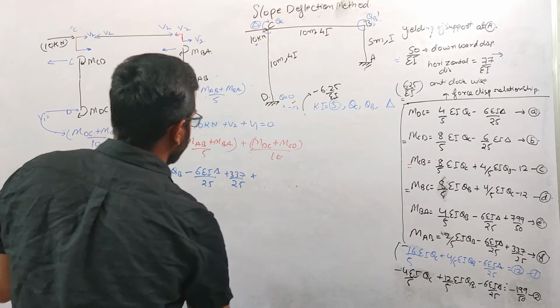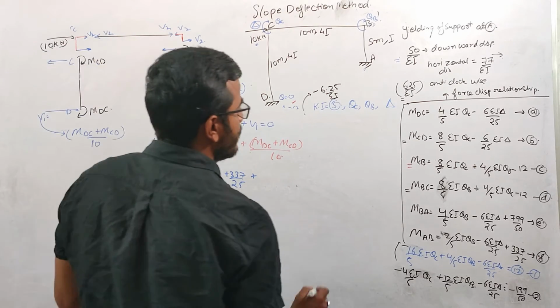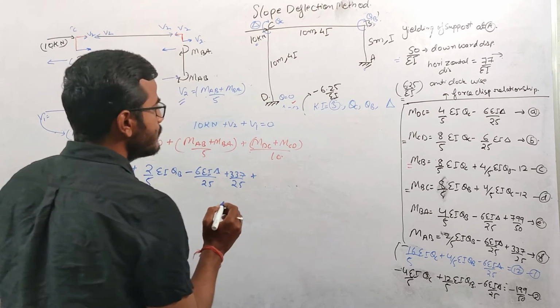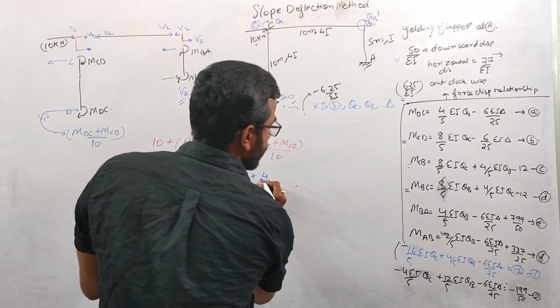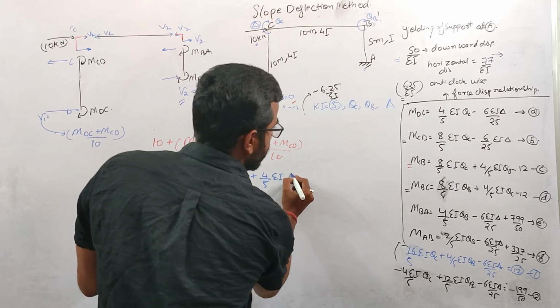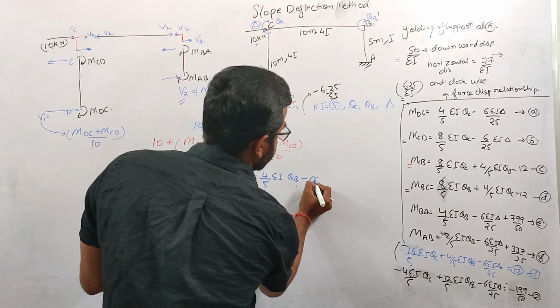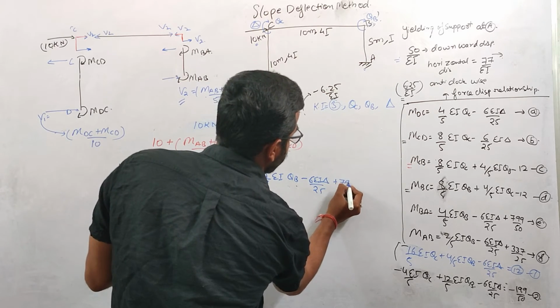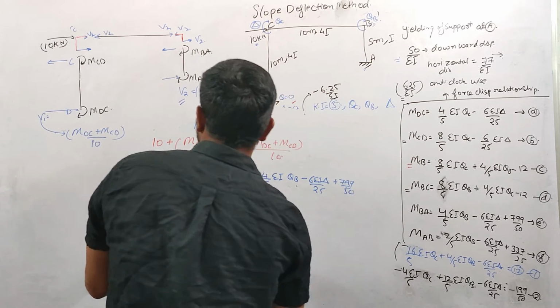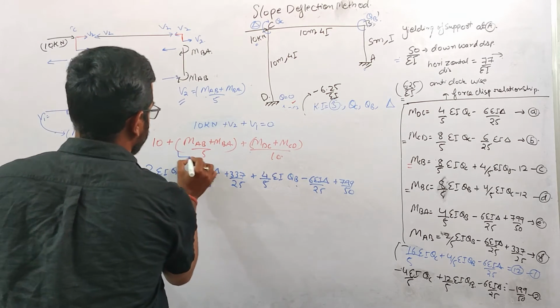And plus, what is the value of MBA? MBA is 4 by 5 EI theta B minus 6 EI delta over 25 plus 799 divided by 50. Let us solve first this portion.